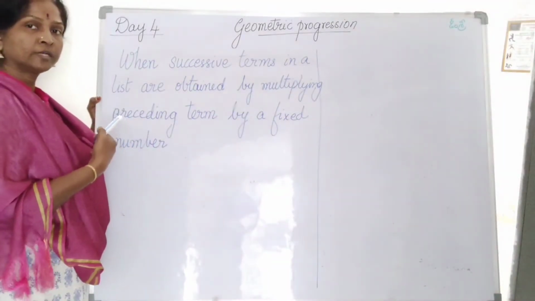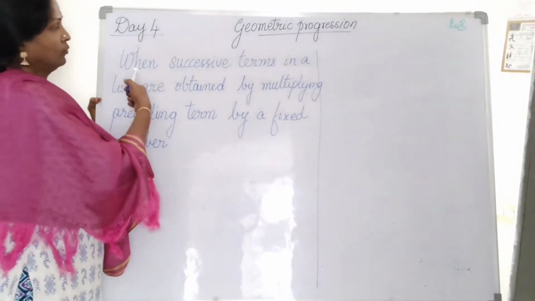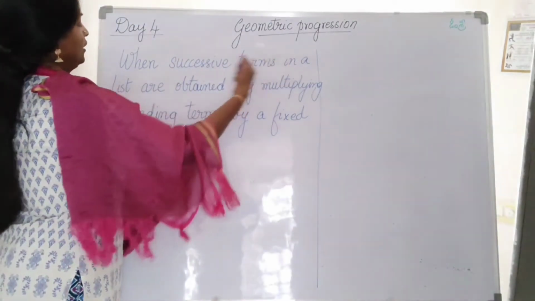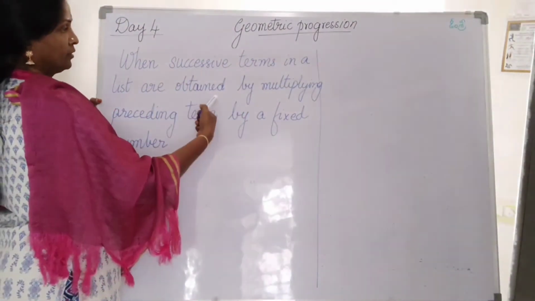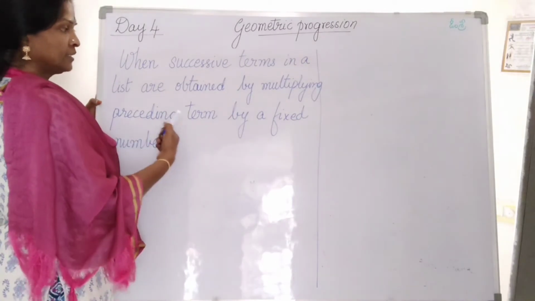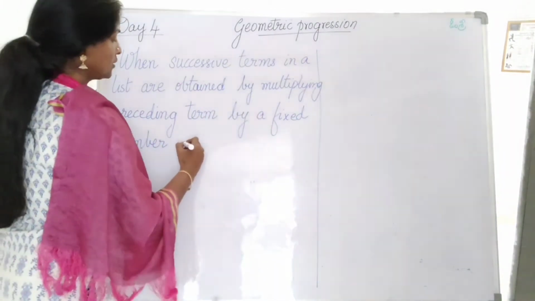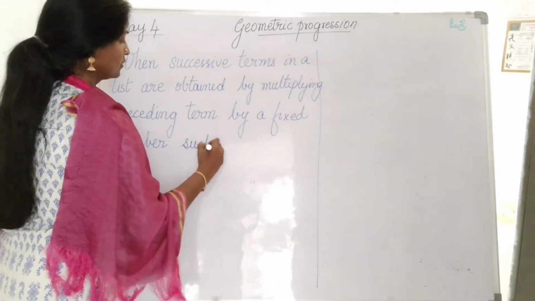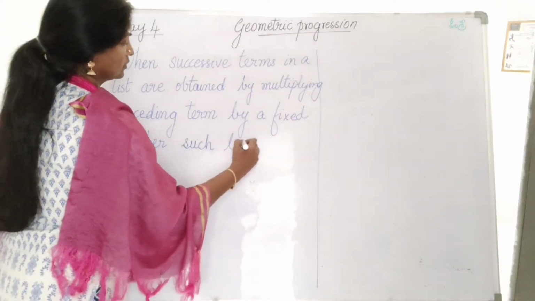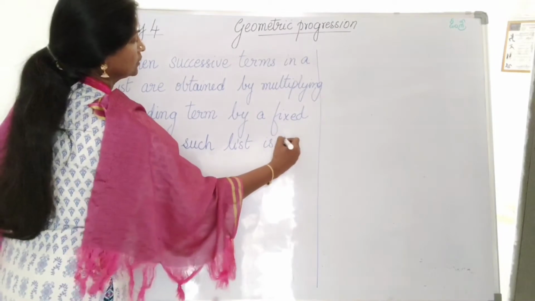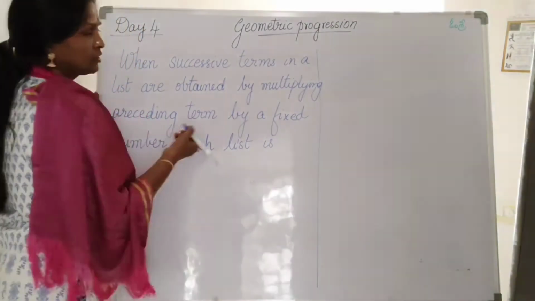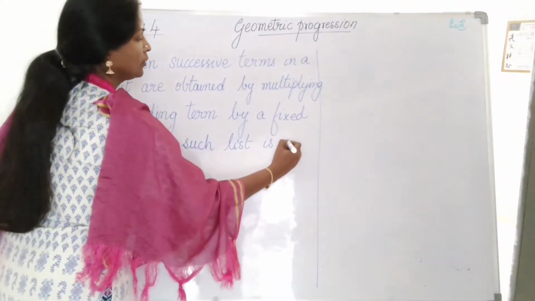So, how do you get the geometric progression? When successive terms in a list are obtained by multiplying the preceding term by a fixed number, such a list is said to be in GP.